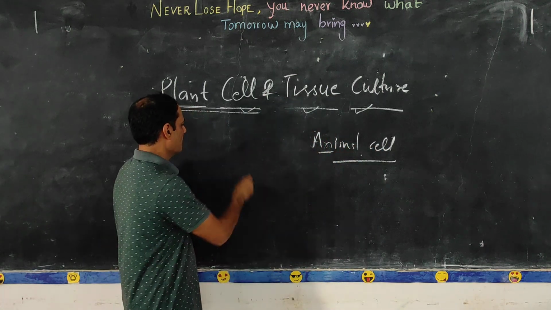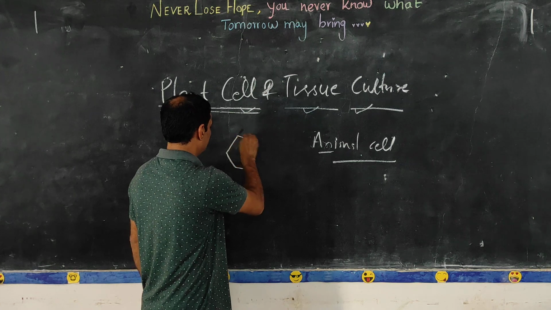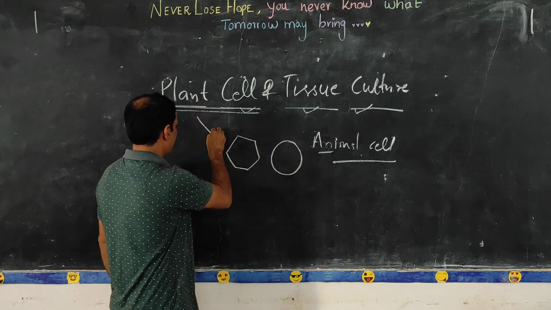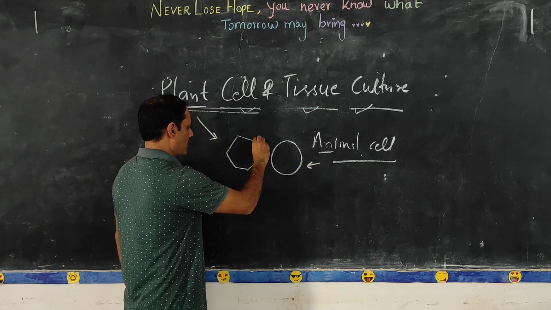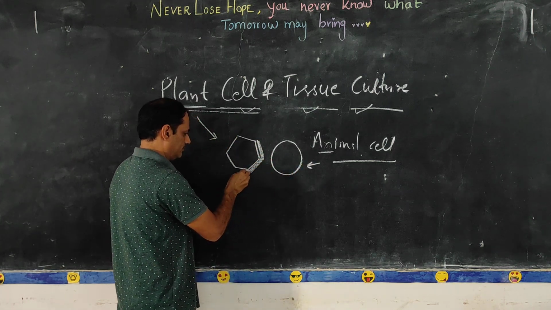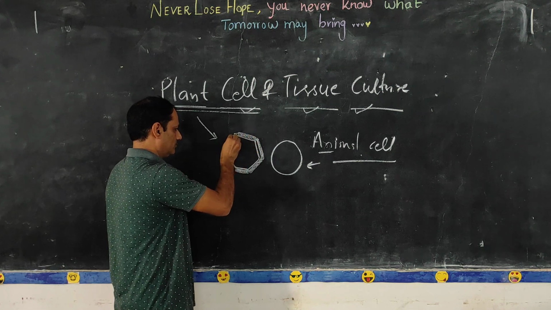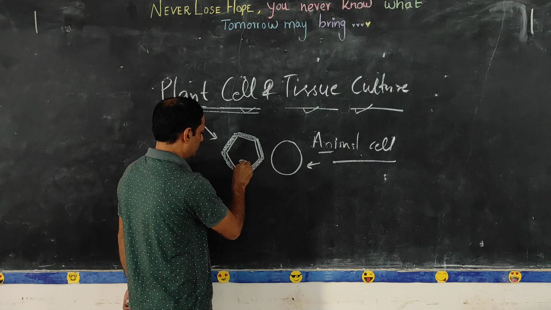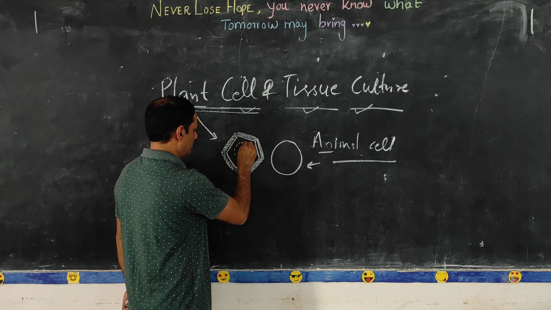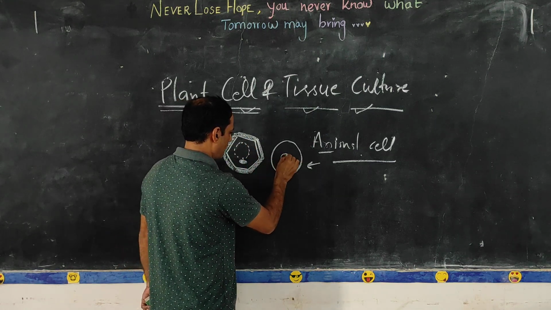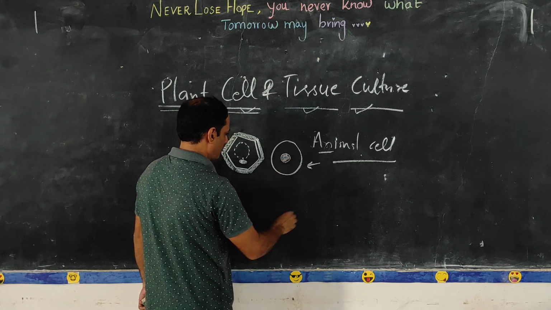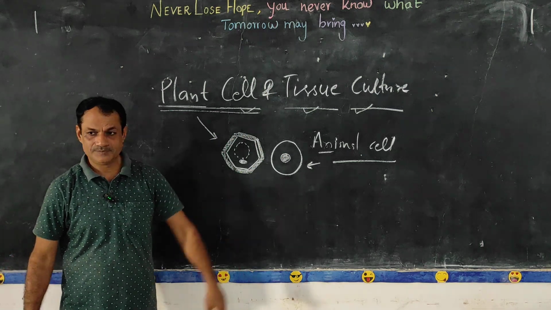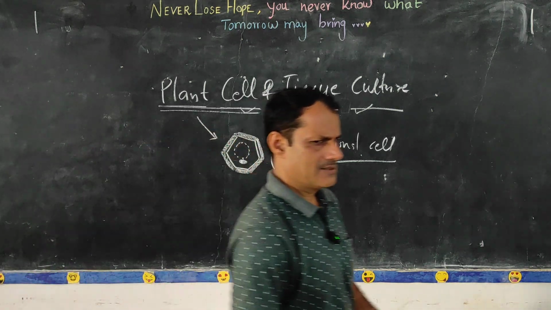And that is, a plant cell used to have... this is the general structure of one plant cell and this is the structure of one animal cell. Yes, what is the difference here?